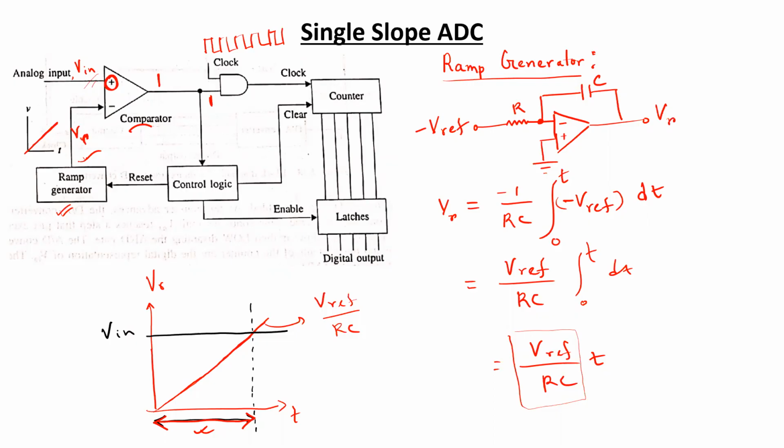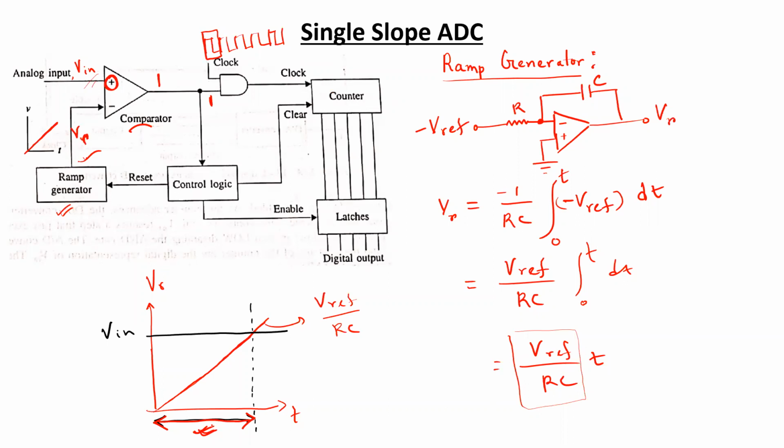Yes, so you can say that our output will follow the clock pulse. So for this entire duration, the clock pulse is going to be supplied to the counter. So upon receiving each clock pulse, each period of a clock pulse, the counter will increase its count by 1. In this way, the counter will continue counting for this duration of time.